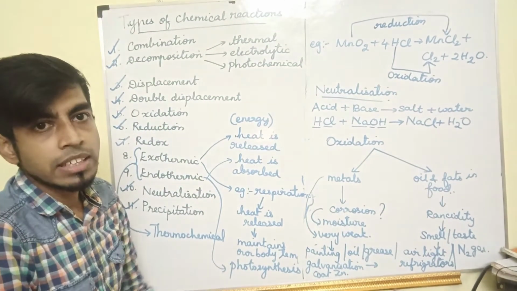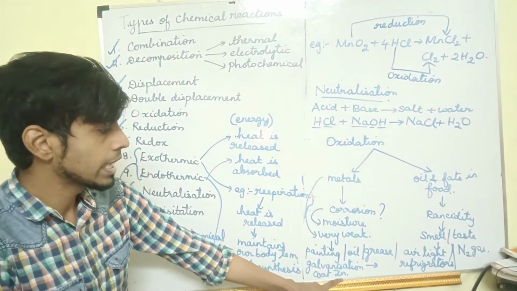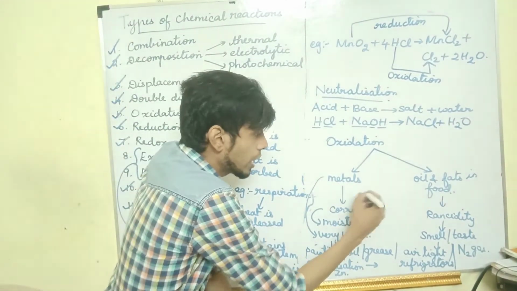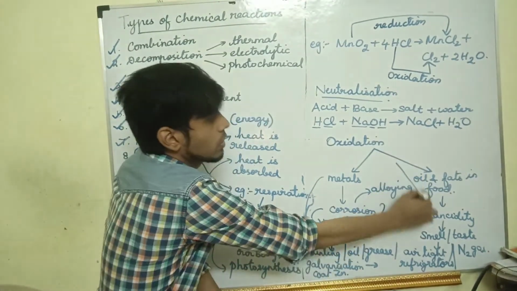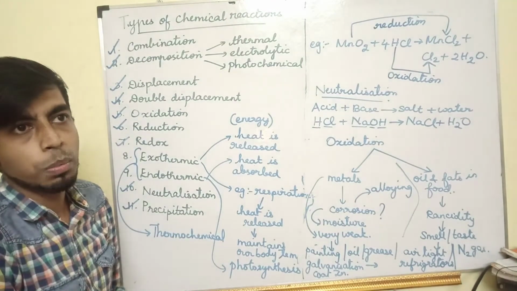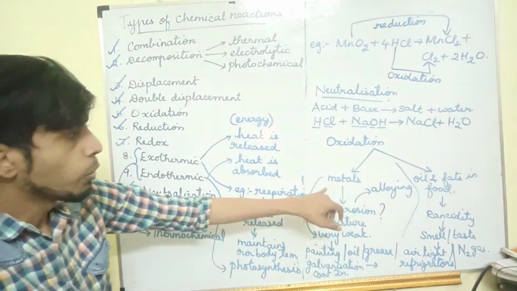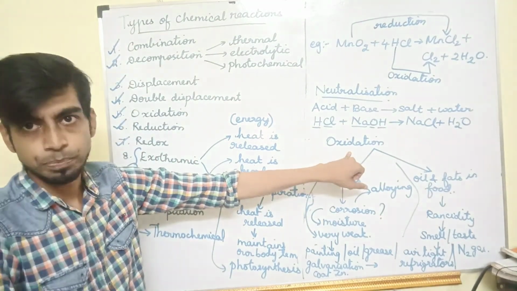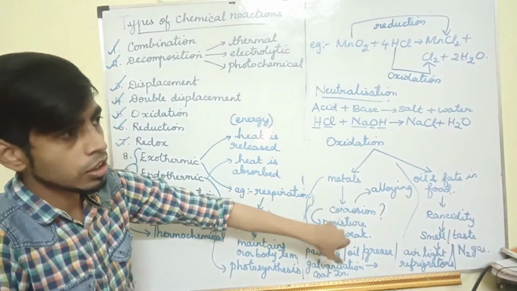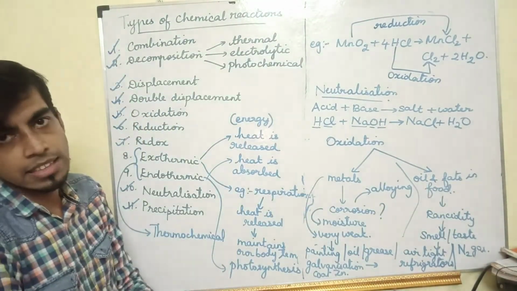Or we can also prevent it by making alloys. Alloying is also used to prevent corrosion. Understood what is corrosion, rancidity? Both come under the topic oxidation. Oxidation of metals is corrosion, oxidation of oils and fats is rancidity.